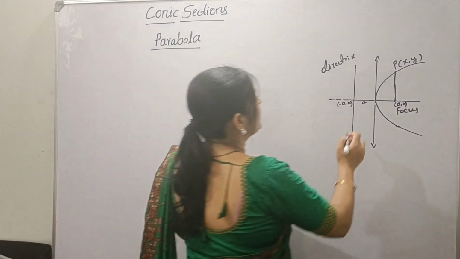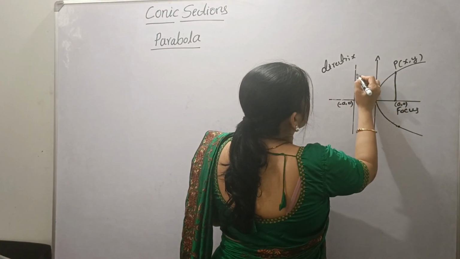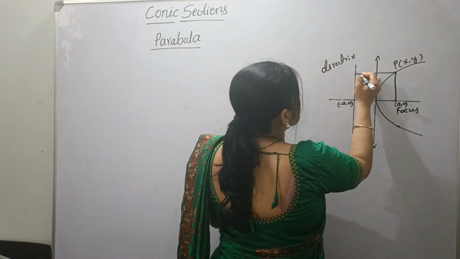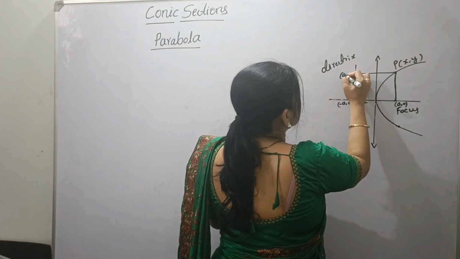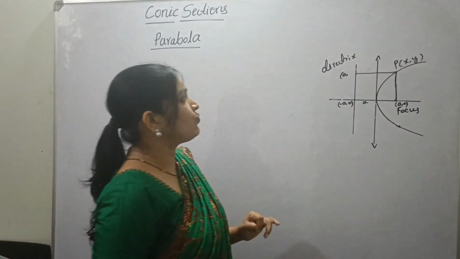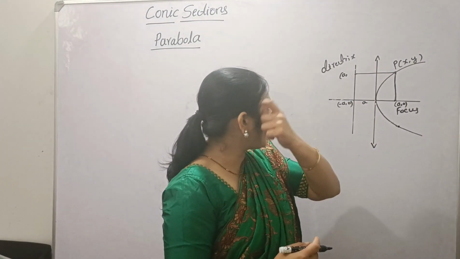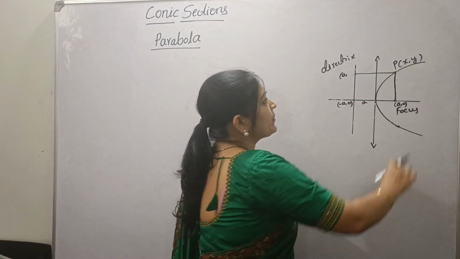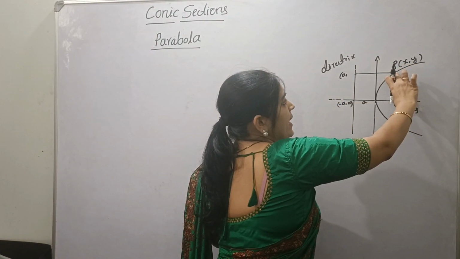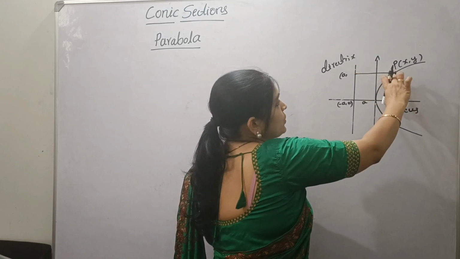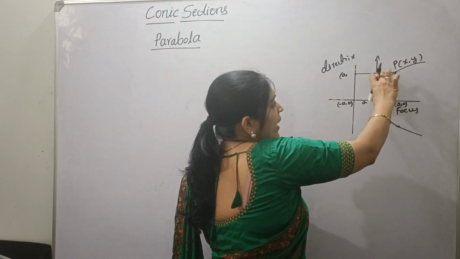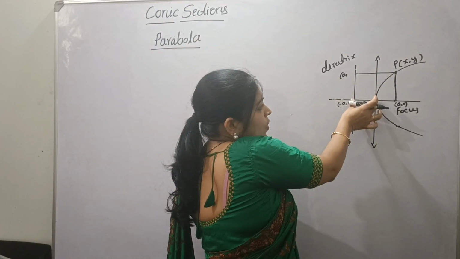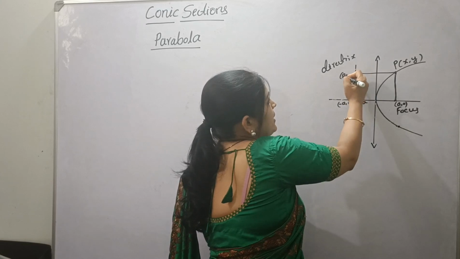This point is minus a. Now what is the y coordinate? It is P(x, y), so this distance is y, and it is also y here. The x coordinate is minus a, not a.